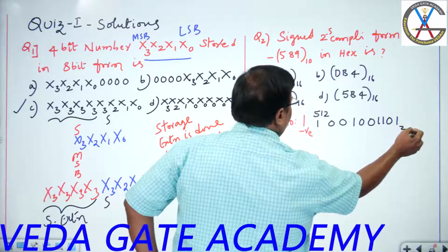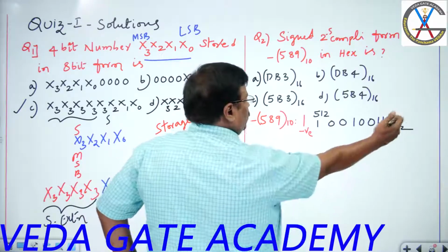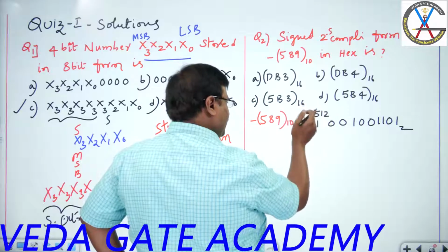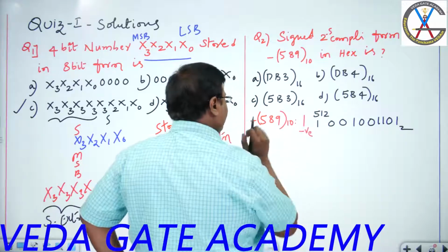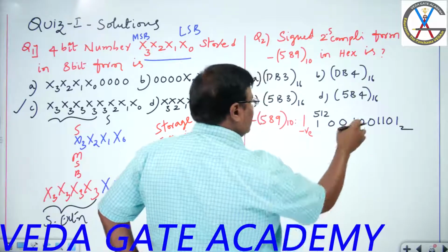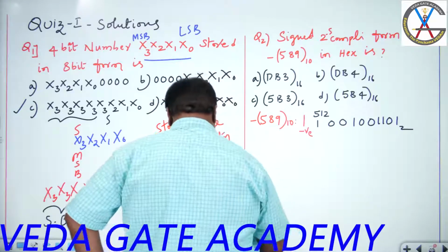I hope your binary answer is ready. Check out once again: 1, 2, 4, 8, 16, 32, 64, 128, 256, 512. 512 after 589, so 77 more. 77 is 64 plus 13. So 589 is done, complete.